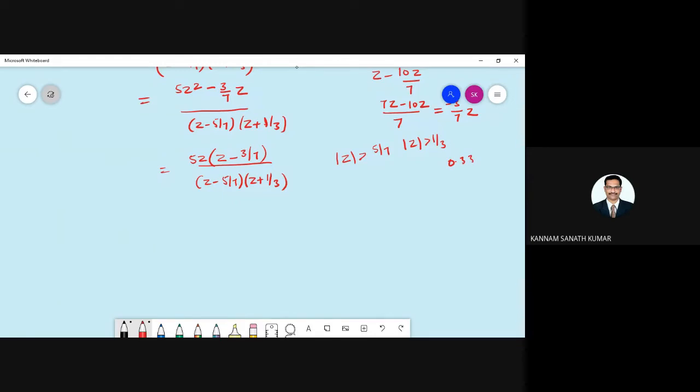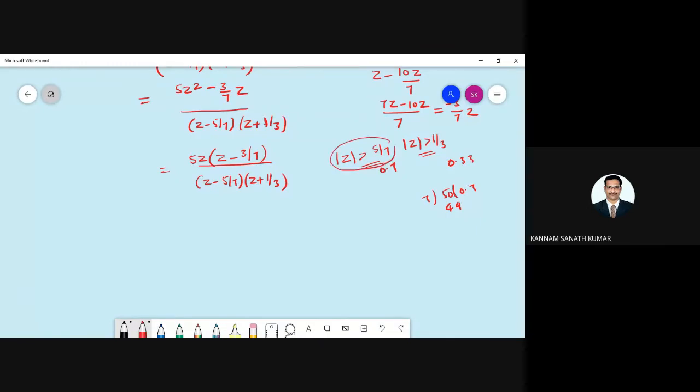And 5 by 7 is how much? 7 sevens are 49, so that means 0.7 you are getting. So you should take the common value. If you see this one and this one, what is the common value? Mod z is greater than 5 by 7.